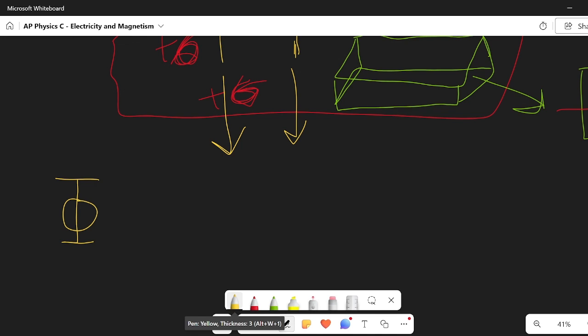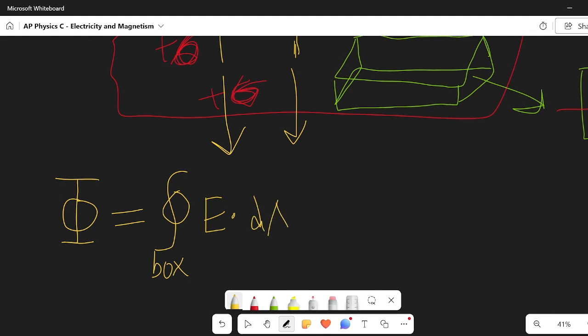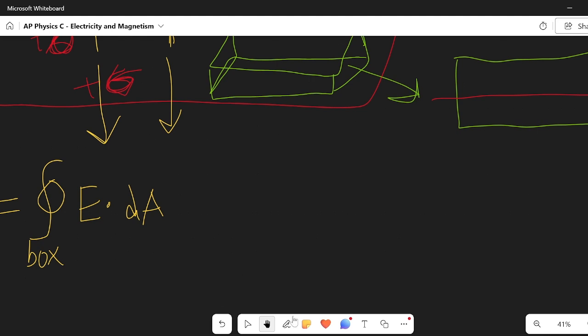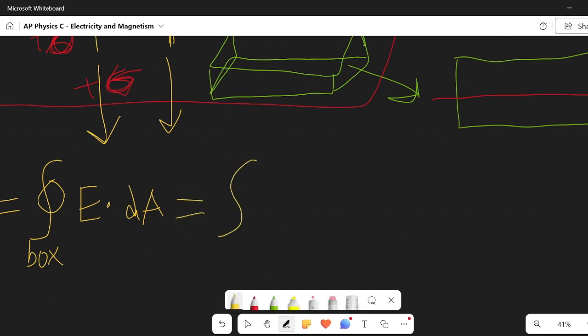The electric flux will essentially be the integral over the enclosed area of the box of E times the dA vector. And essentially we can split this up into all of the sides.